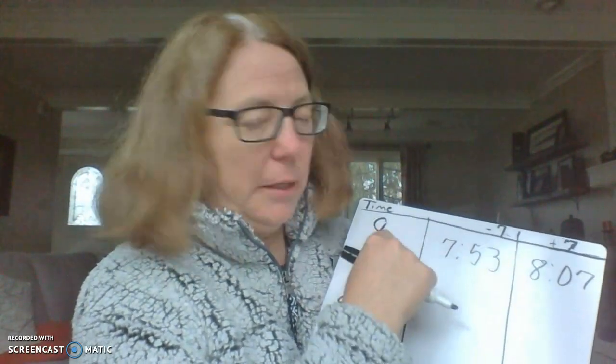So for 8 o'clock, it would be from 7:53 until 8:07. If I came in or left, either one, from 7:53 to 8:07, that's always going to be closer to 8 o'clock than the other time around it. For 8:15, we would be talking about 8:08 to 8:22.